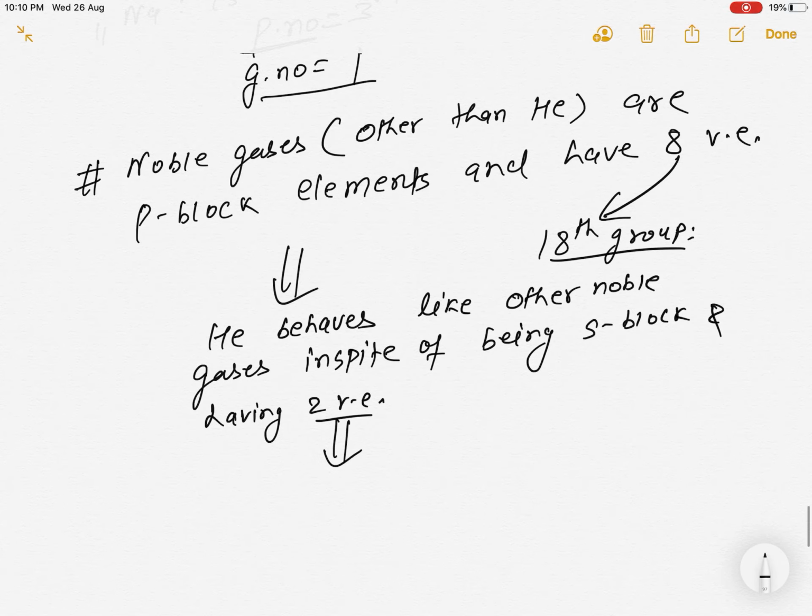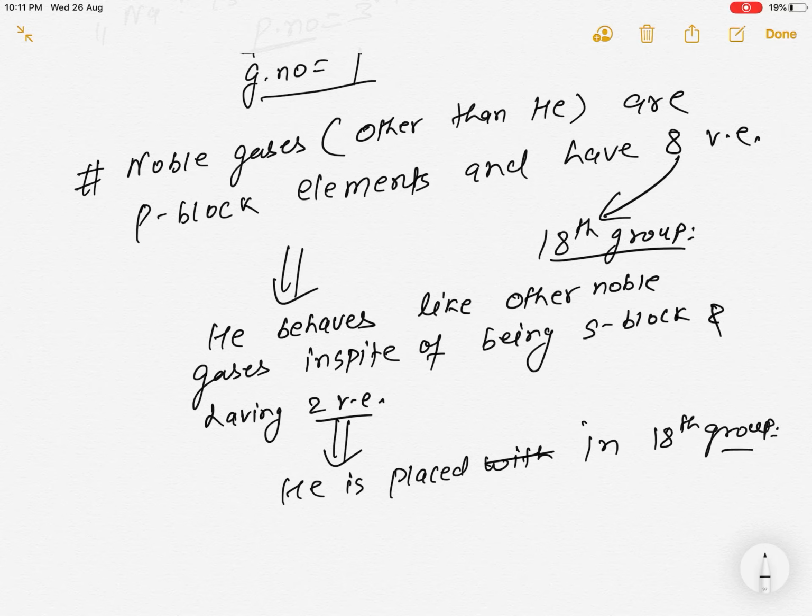So because of the same behavior as other members of the 18th group, helium is placed in the 18th group with other noble gases, because all group members will show a similar pattern in chemical behavior. So that's all for the application of the electronic configuration.